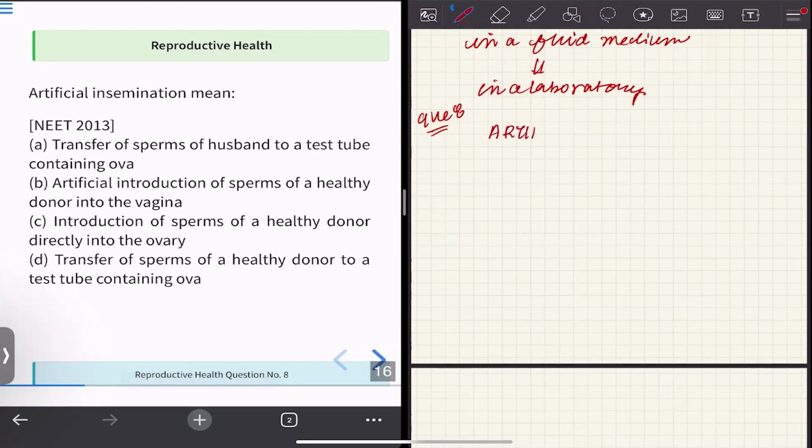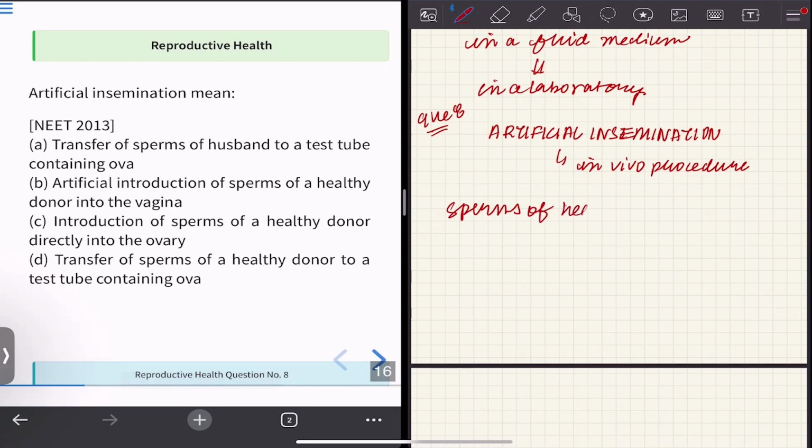So, artificial insemination is an in vivo process where the sperms of a healthy donor are inserted into the vagina.